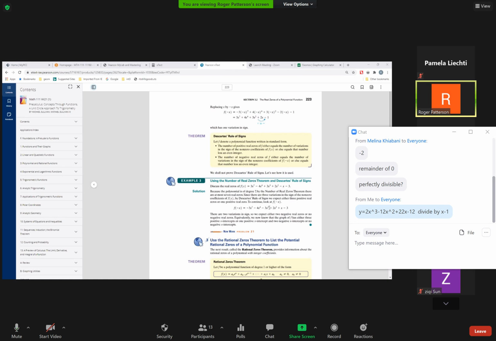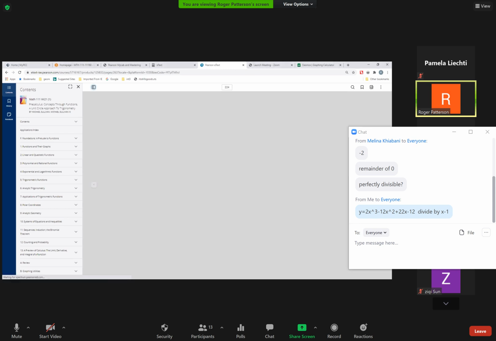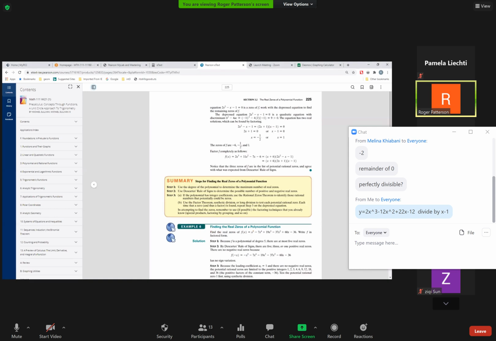The other thing is the rational zeros theorem. Again, we don't do that anymore because we can graph it. You're not going to see this stuff ever again. No one's ever going to ask you about Descartes' rule of signs or the rational zero theorem. I'm just showing you some of the stuff that's in the book that we really don't need to worry about. I do want to show you one other thing.